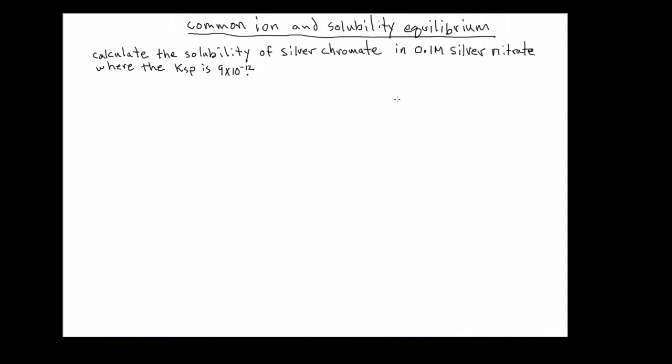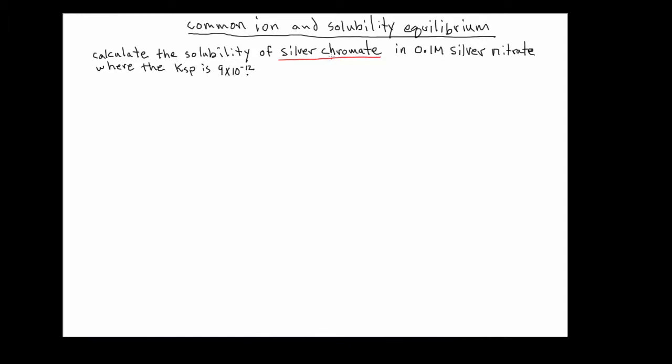We're going to calculate the solubility of silver chromate in 0.1 molar silver nitrate, where the equilibrium constant Ksp is 9 times 10 to the minus 12th. In all these videos I want us to make connections, so the first thing we're going to do is translate the name of this compound into its formula.